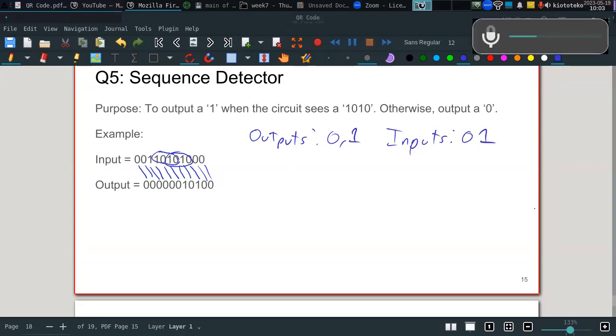So can anyone guess how many states we need? And which finite state machine to use? You could, I think, do it with four states.